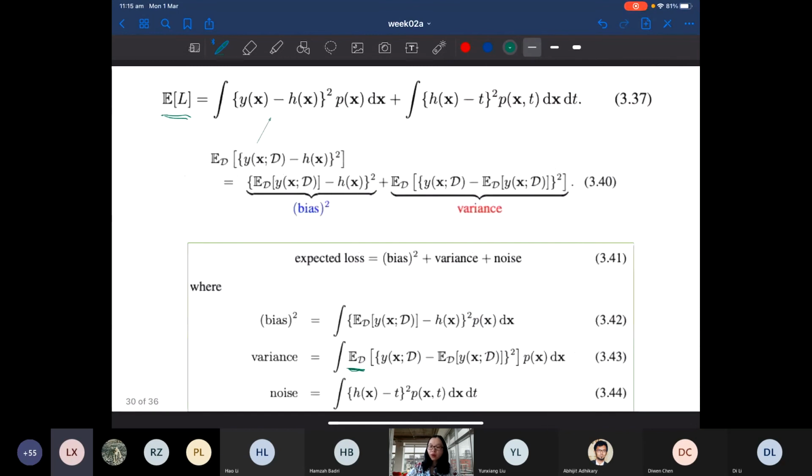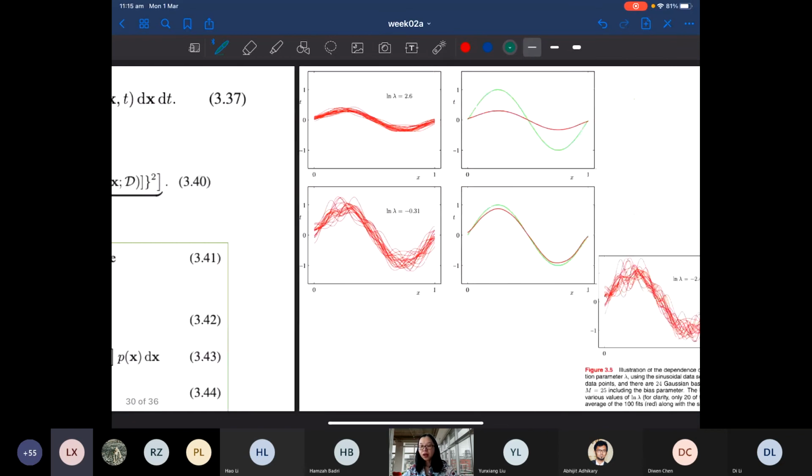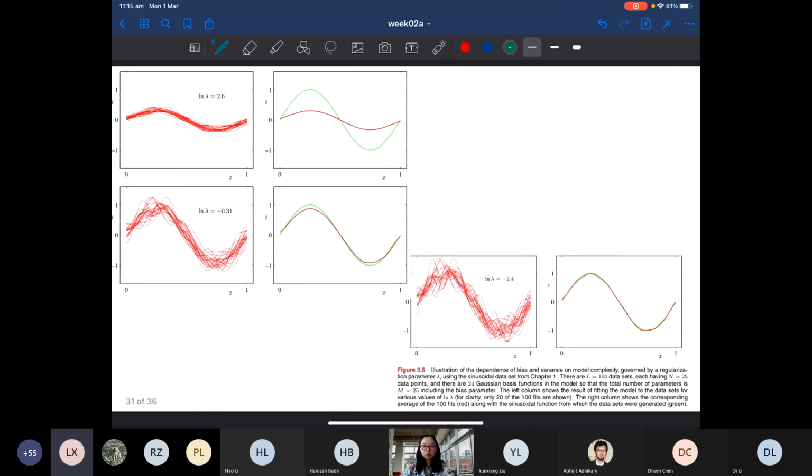Furthermore, we're now going to look at some examples to make this expression more intuitive. This is an example from a book about the sinusoid. So what controls the bias and variance trade-off? Here it is the regularization parameter lambda.